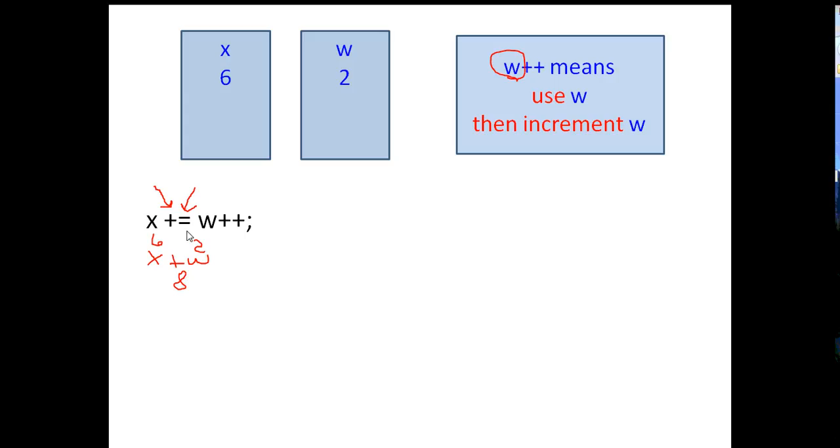So then we're going to assign this result, because that's the next thing to do. So it gets assigned to x. So x gets assigned 8. Then we increment w, because we use it first, increment it second.